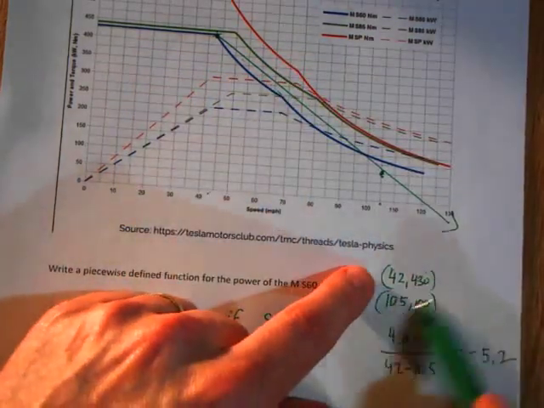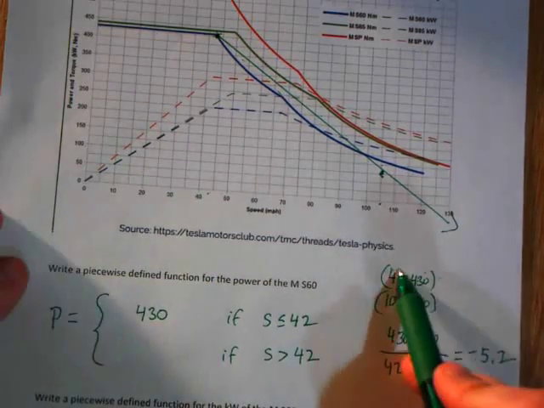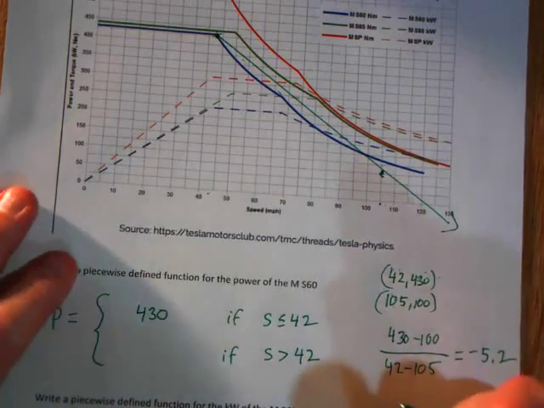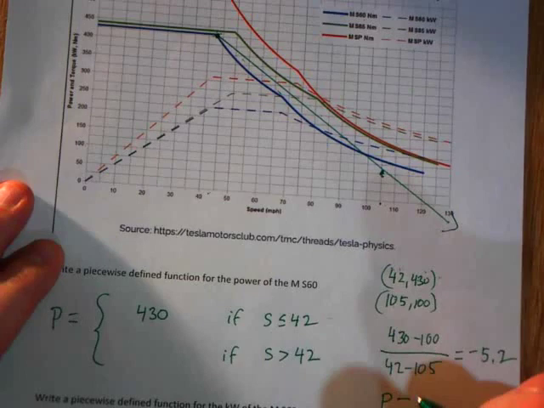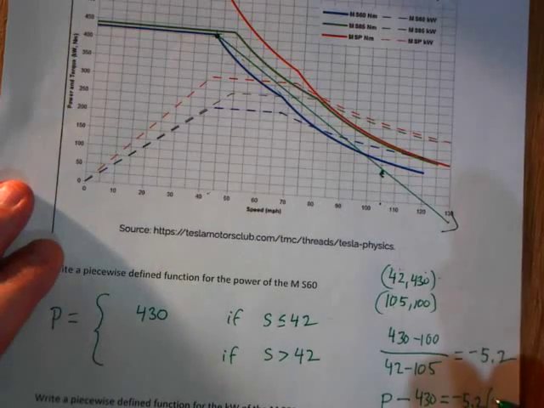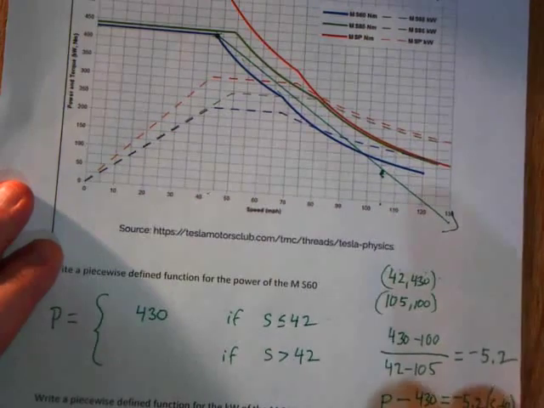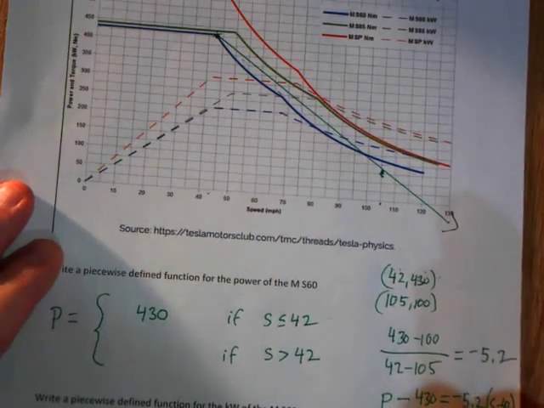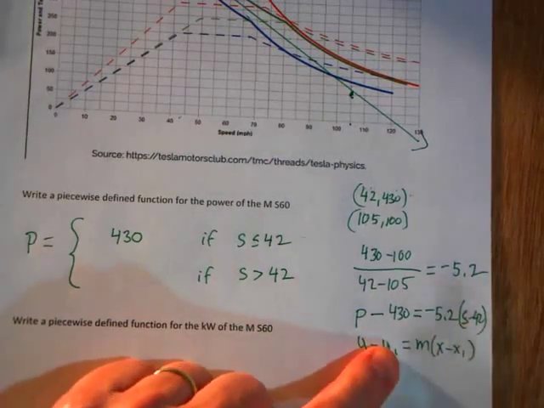And then I can look at these 2 points and I can see, unfortunately, I do not know the y-intercept. I don't have a 0 in either of those spots. So I'm going to go P minus 430 equals minus 5.2 times S minus 42. I use the y minus y1 equals m times x minus x1 formula, except I'm using P and S instead of x and y.